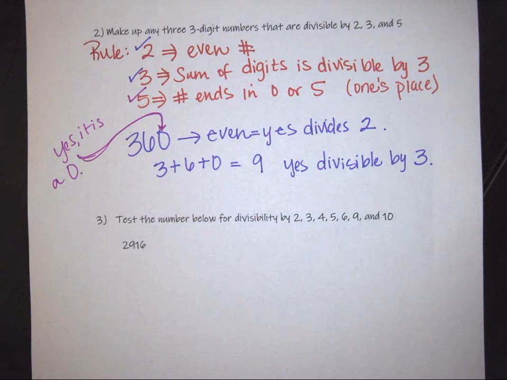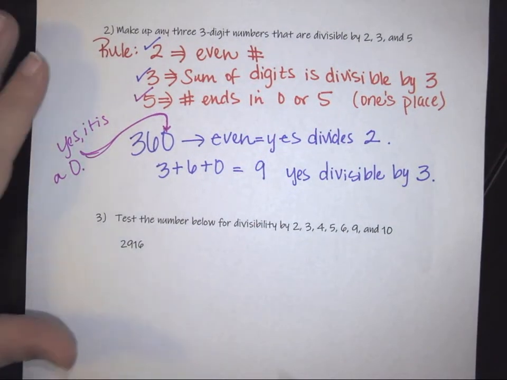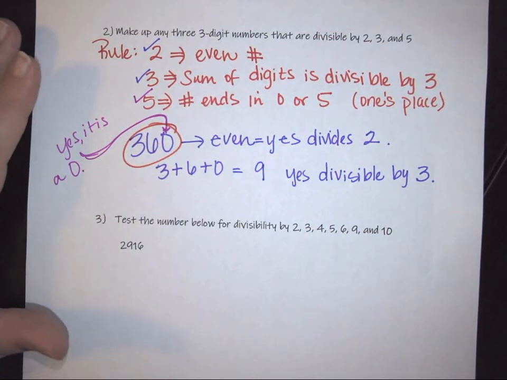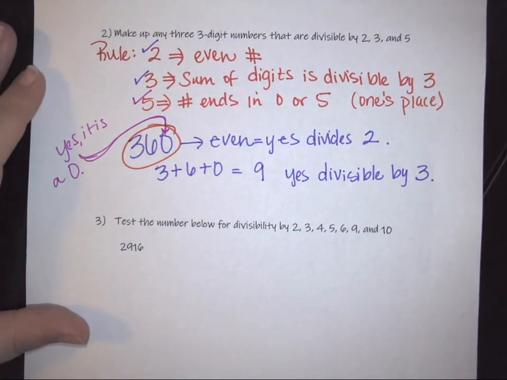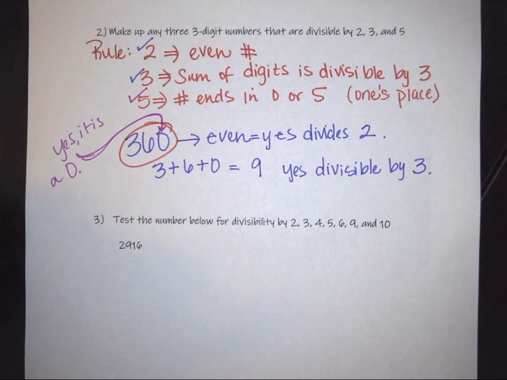Therefore, we have passed the whole divisibility test. And 360 would be our answer. So for a problem like this, I challenge you to have fun and see how many other 3-digit numbers you can find that are also divisible by 2, 3, and 5.